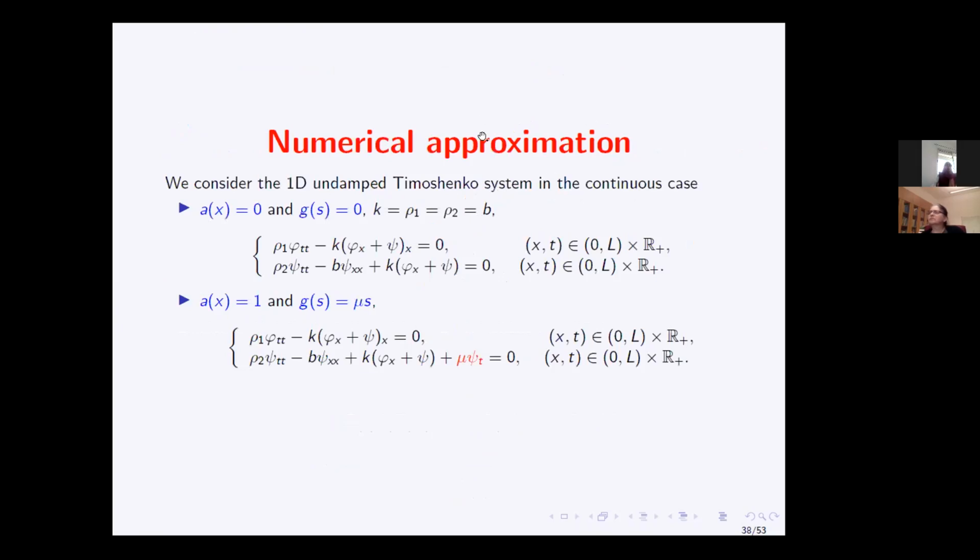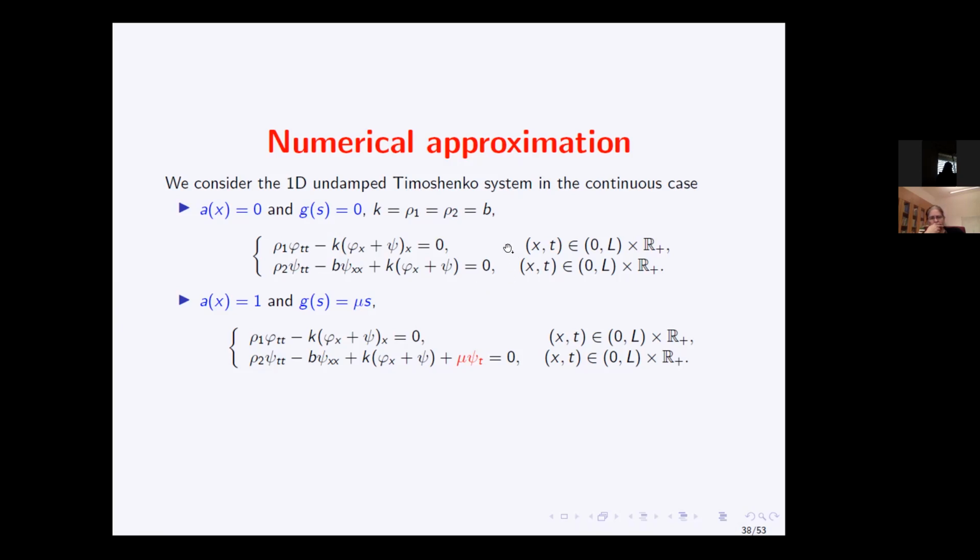Now, for the numerical approximation, we were trying to obtain a confirmation of the result already obtained in the theoretical analysis. So we consider the undamped Timoshenko system in the continuous case.